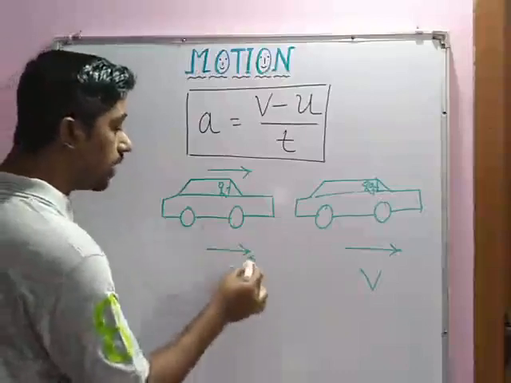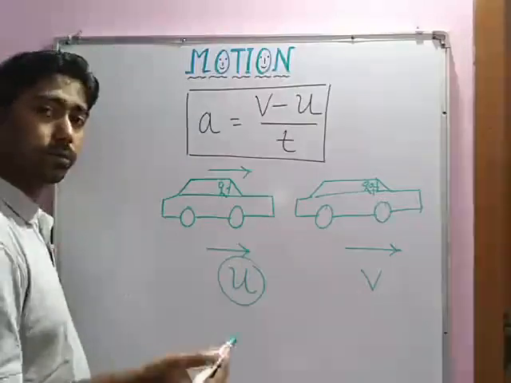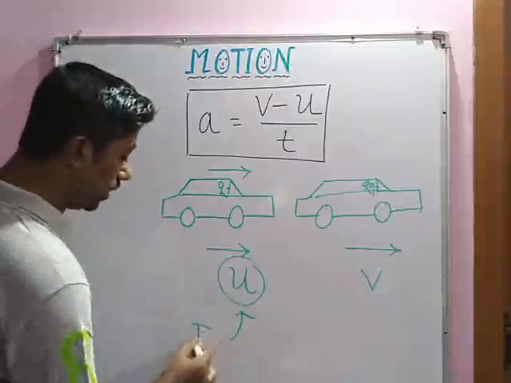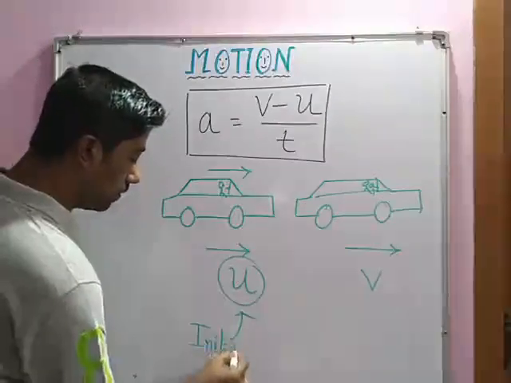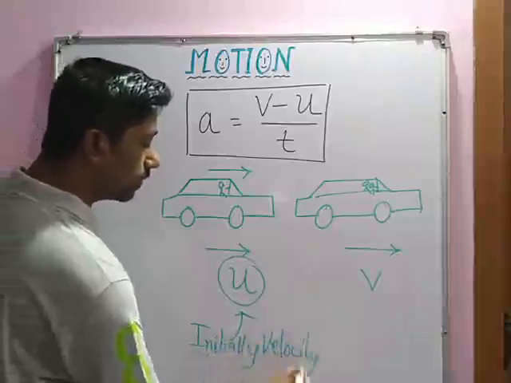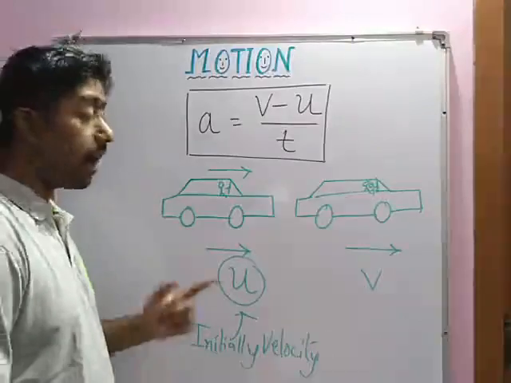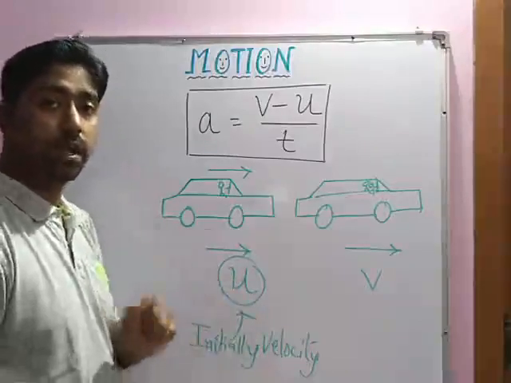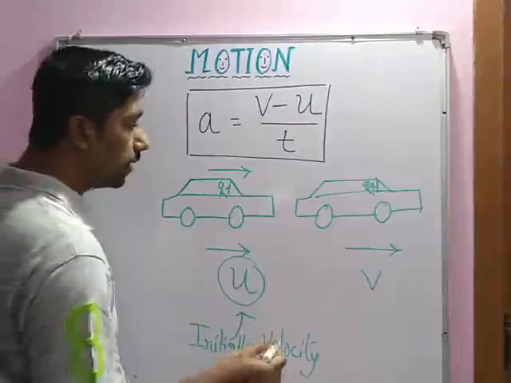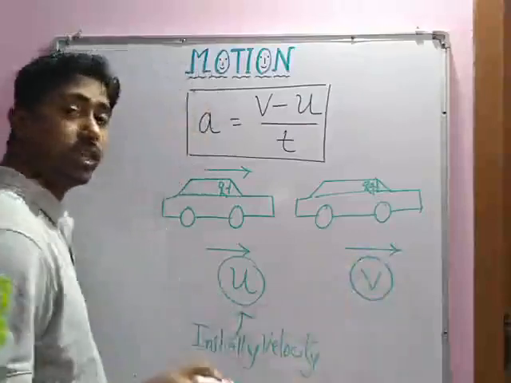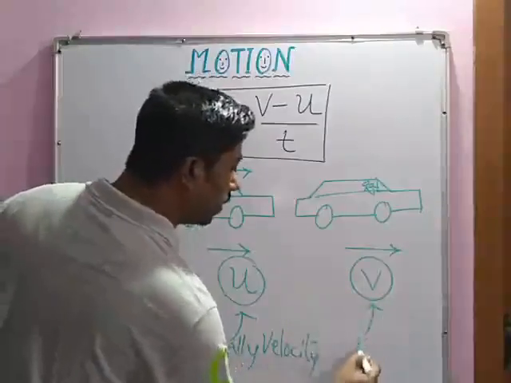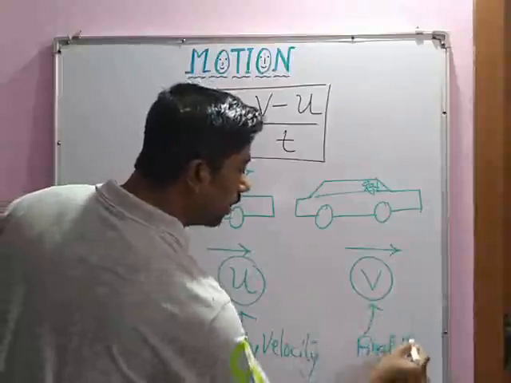You see that the velocity of the car is u meter per second. Suppose this velocity is known as initial velocity. And after some time, let the velocity of the car change to a new value, and that value is known as final velocity.